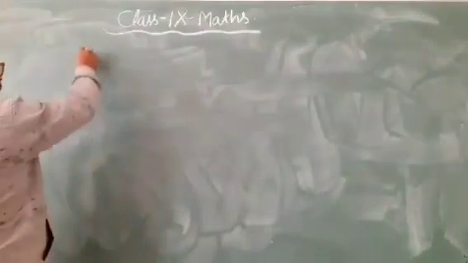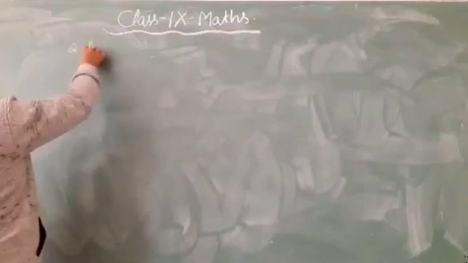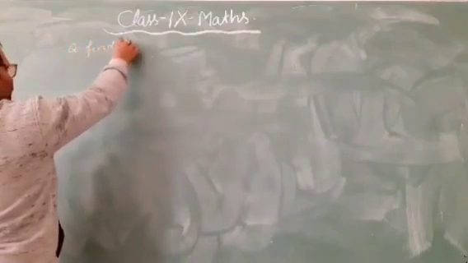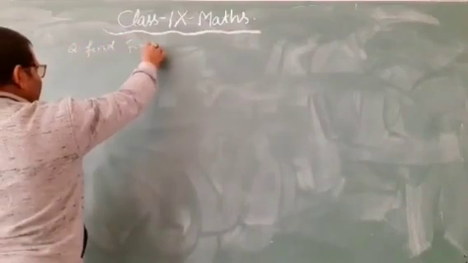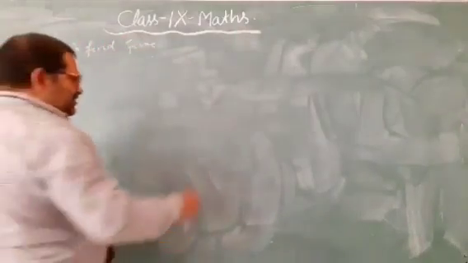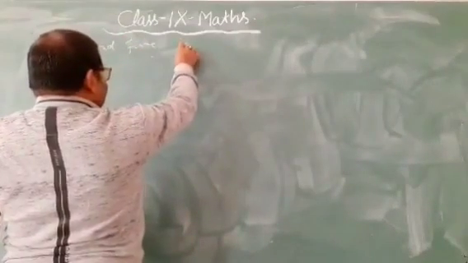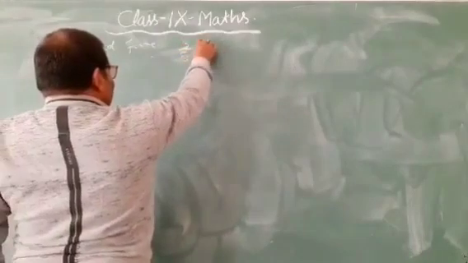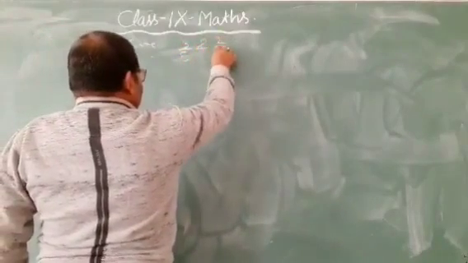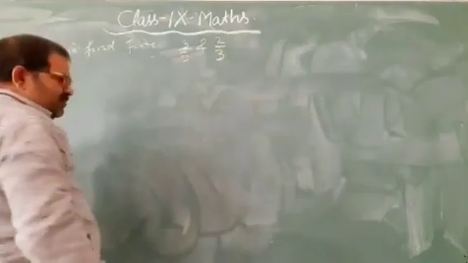Find 5 rational numbers between 3 upon 5 and 2 by 3.